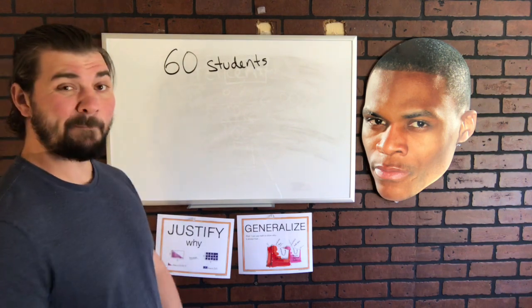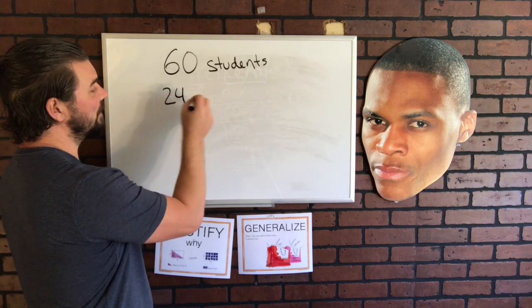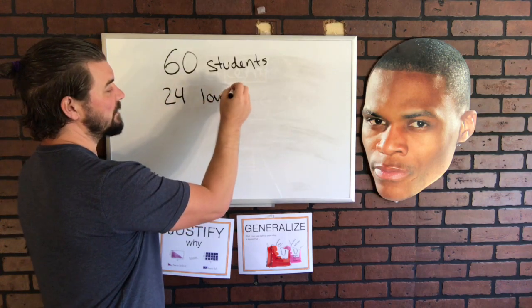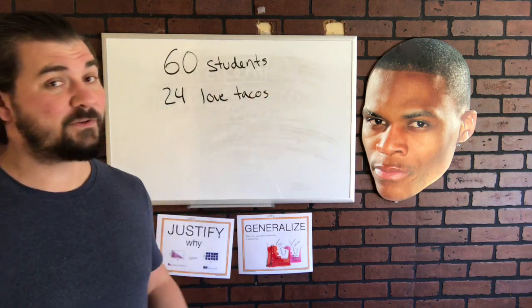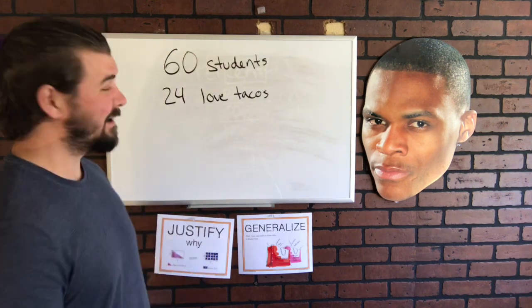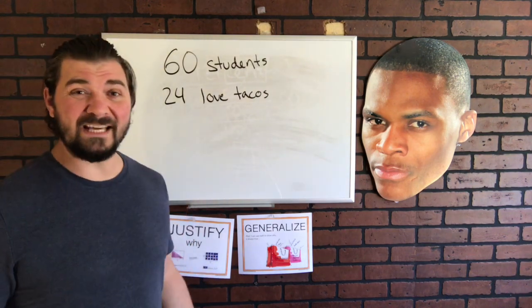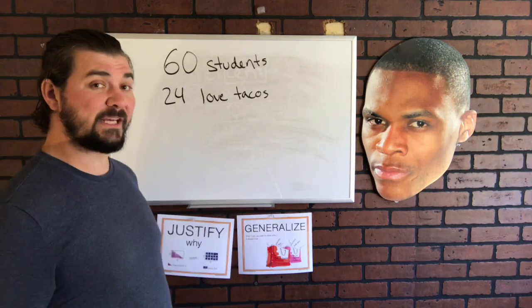So we're going to say, what if 24 love tacos? Now I'm going to ask a question. This would be a good time to get a piece of paper out, copy this stuff down, and practice some of these steps. The question is, if 24 kids love tacos, what percent of the total kids love tacos?